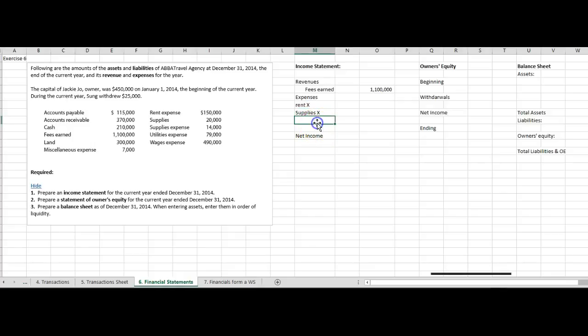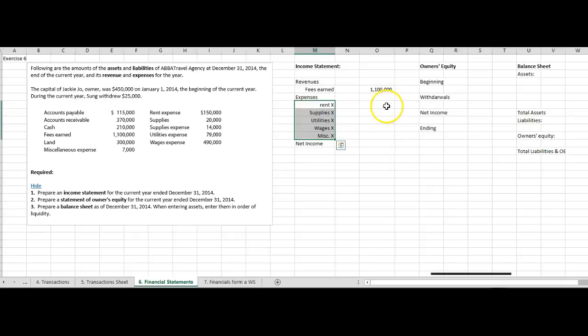I have utilities expense. And I have fat fingers, obviously. And I have a wages expense. And I also have a miscellaneous expense right here. I'm going to abbreviate that. And then I'm just going to take these so I can set them off and put them to the right like that.